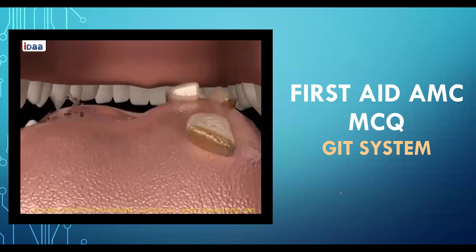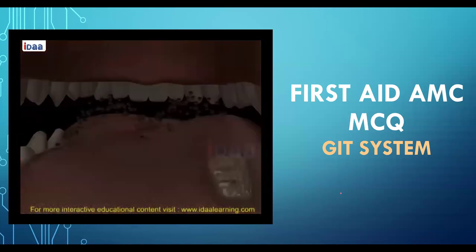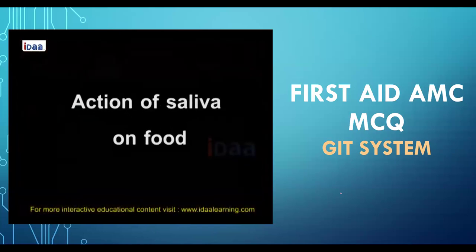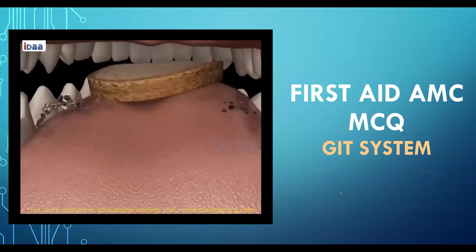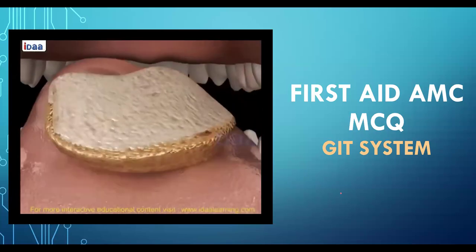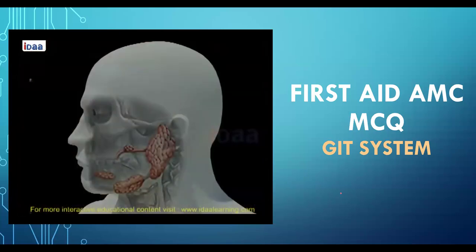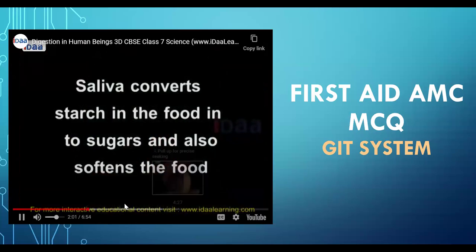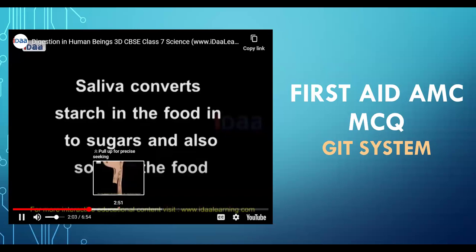Teeth helps us in doing so. Action of saliva on food. During chewing, food mixes with saliva. Saliva is secreted from salivary glands located on the lower jaw between the tongue and teeth. Saliva converts starch in the food into sugars and also softens the food.